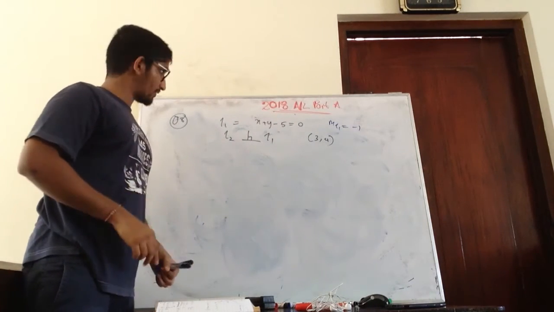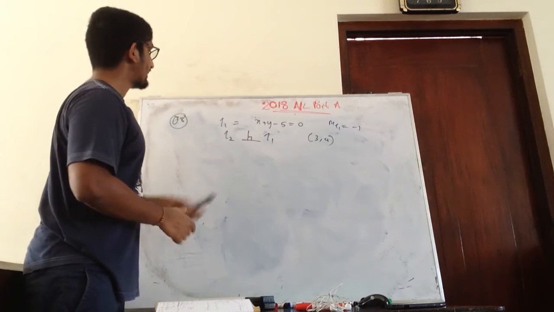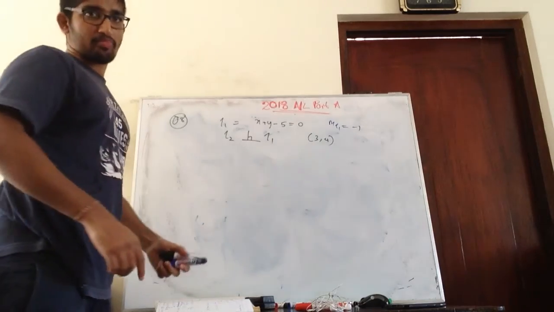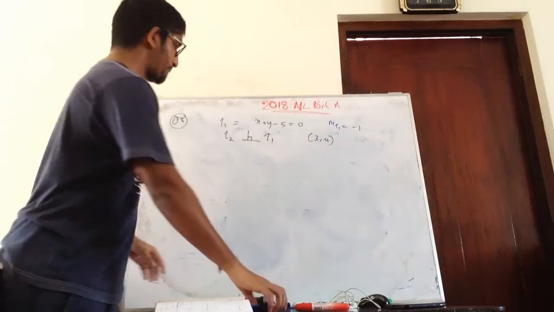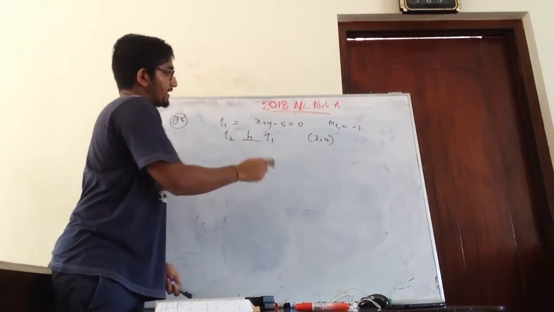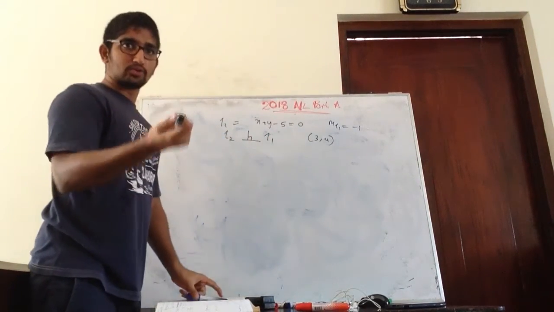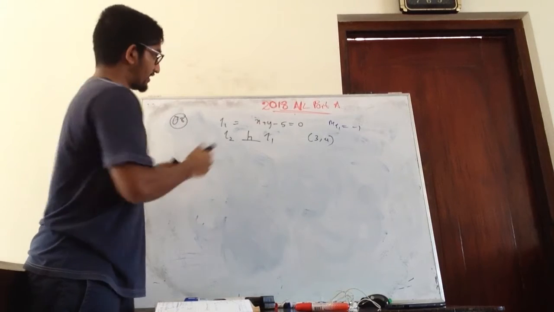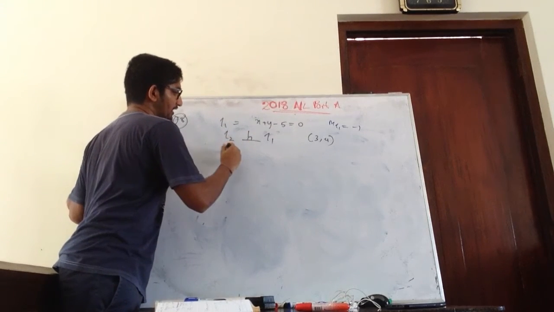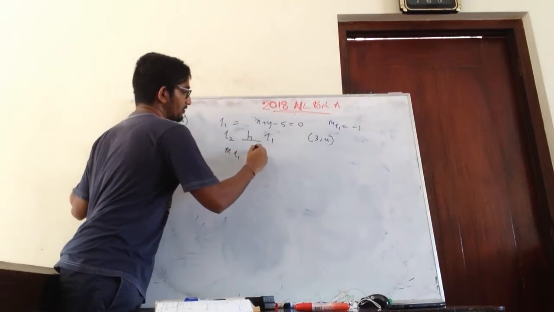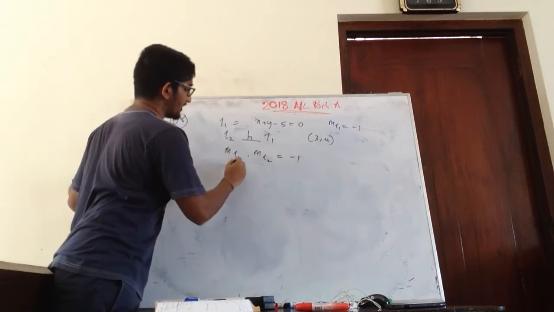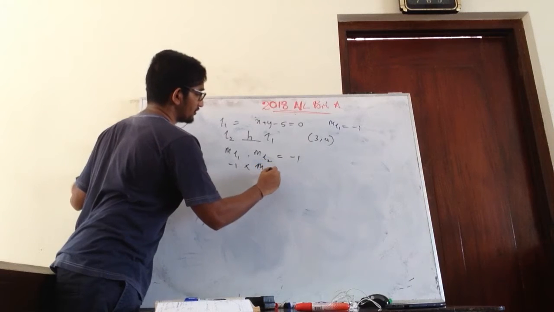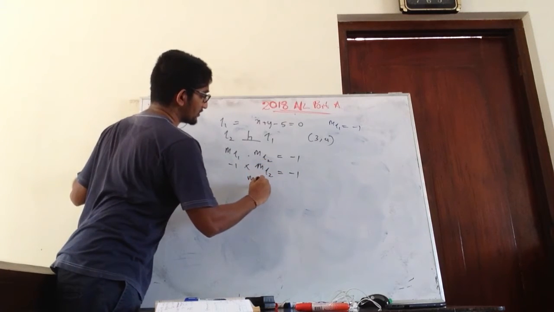Right? So now I need to get ML2. Because these are perpendicular, we can say ML1 times ML2 equals minus 1. So ML1 is minus 1, minus ML2 equals minus 1, so ML2 will be 1.